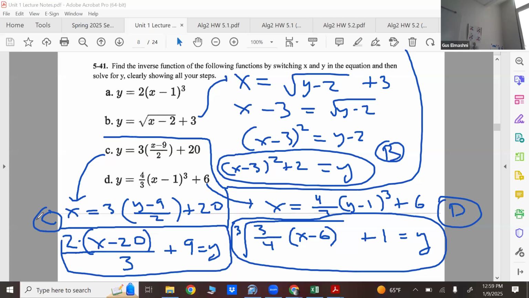Okay, just going to square both sides. I think it's the same thing.